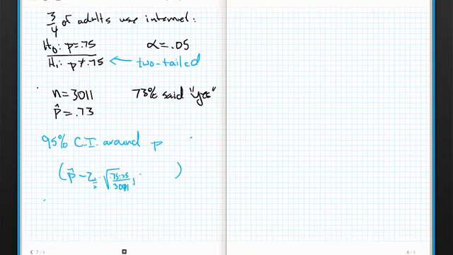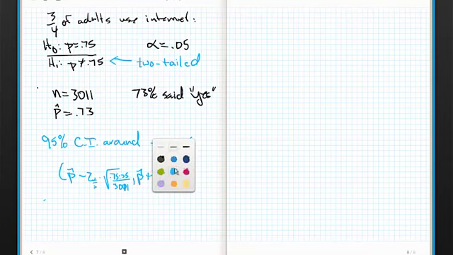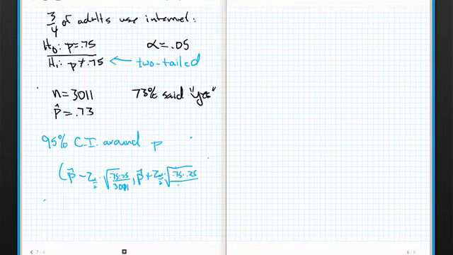And that's going to be the left bound. On the right, it's going to be P hat plus Z alpha over 2 times the square root of 0.75 times 0.25 divided by 3,011.